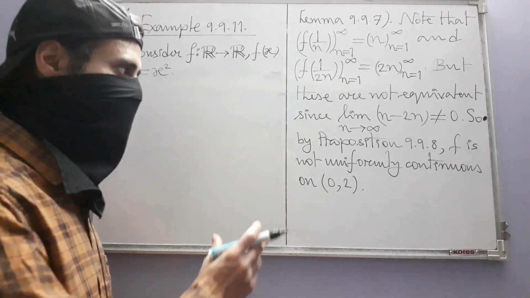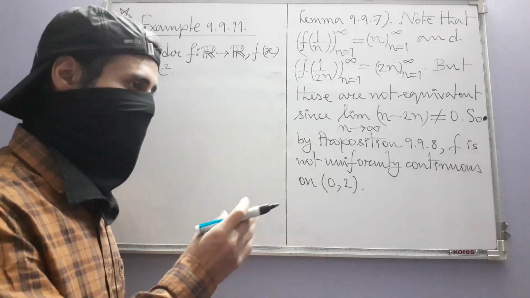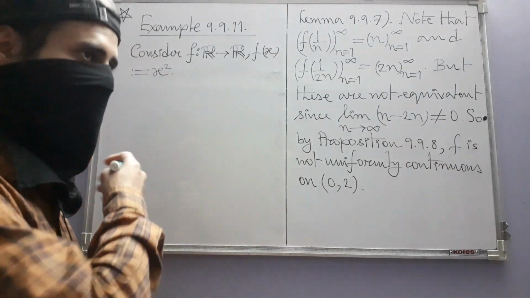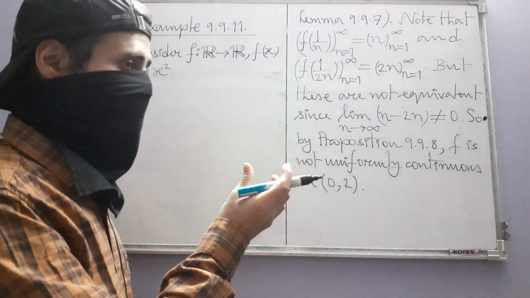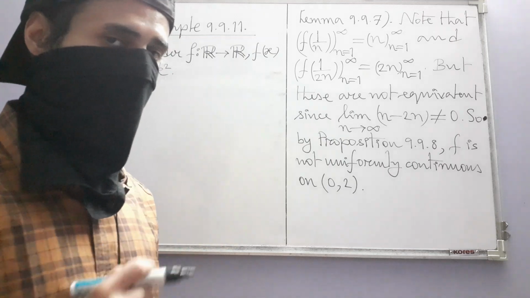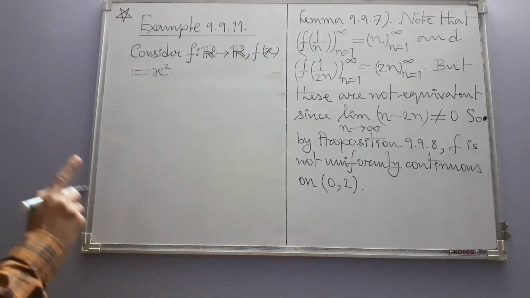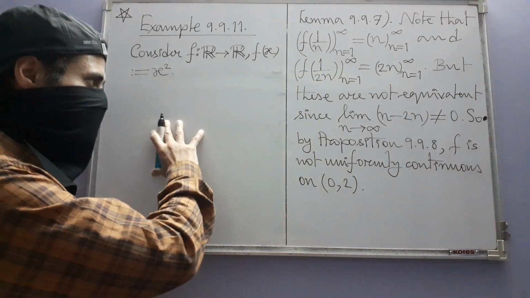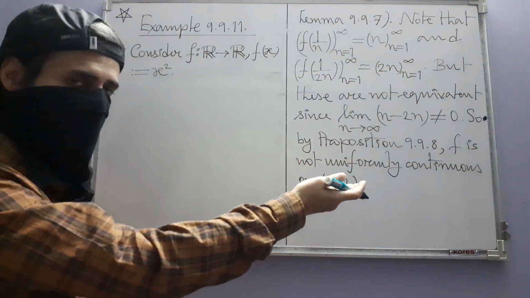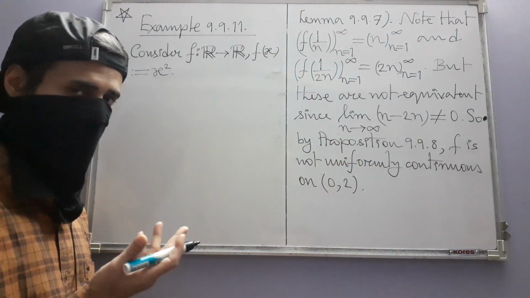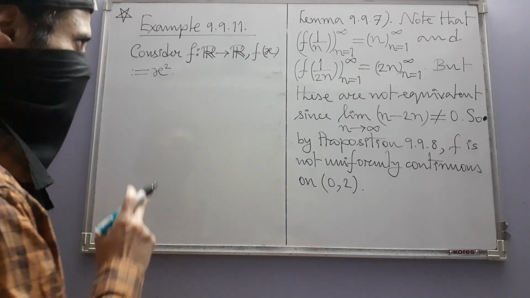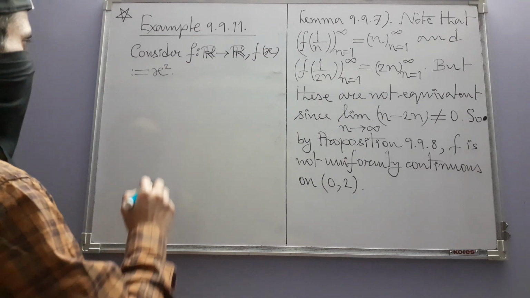For a fixed epsilon, the more you go on that side or this side, your island of stability becomes smaller and smaller. So this is not going to be uniformly continuous, but of course we are going to show that, just like this one, using two sequences of real numbers which are equivalent, but their f images will not be equivalent.